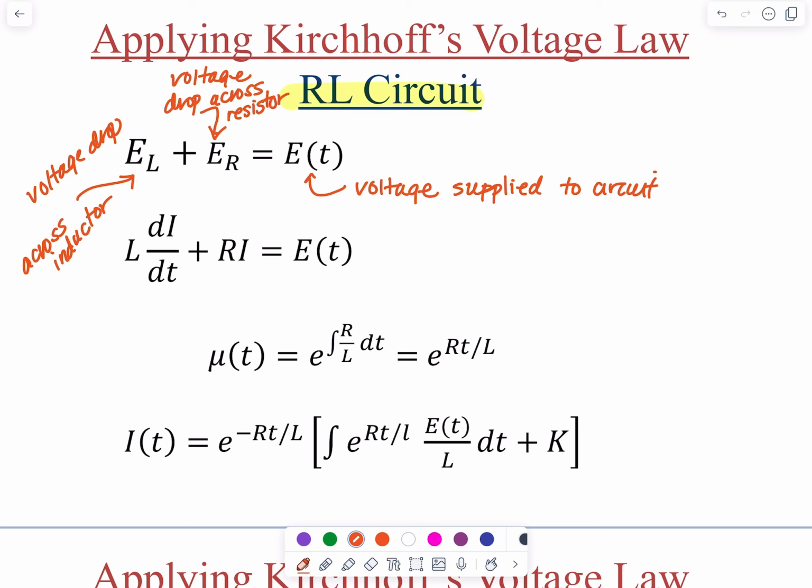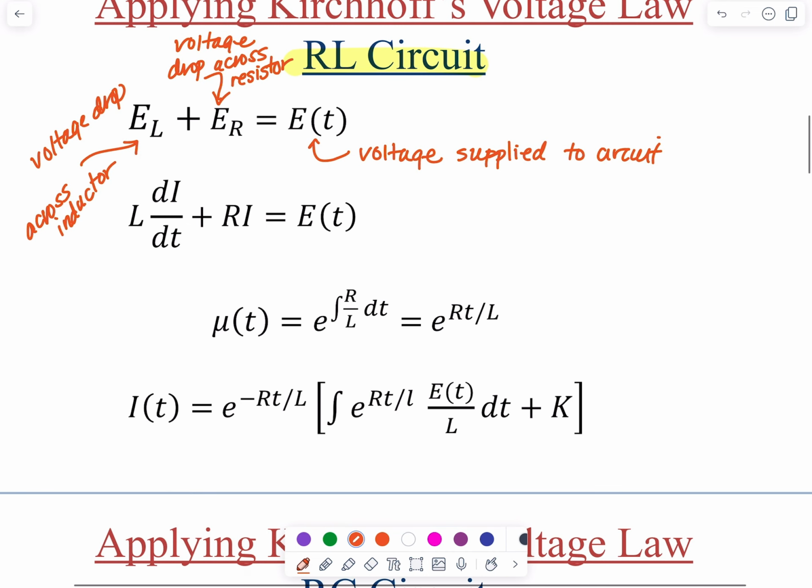Okay, so looking at each one of these voltage drops, let's begin with E sub L, and here E sub L is equal to L multiplied by di/dt. And that is using Faraday's law and Lenz's law that the voltage drop, E sub L, across an inductor is proportional to the instantaneous rate of change of the current.